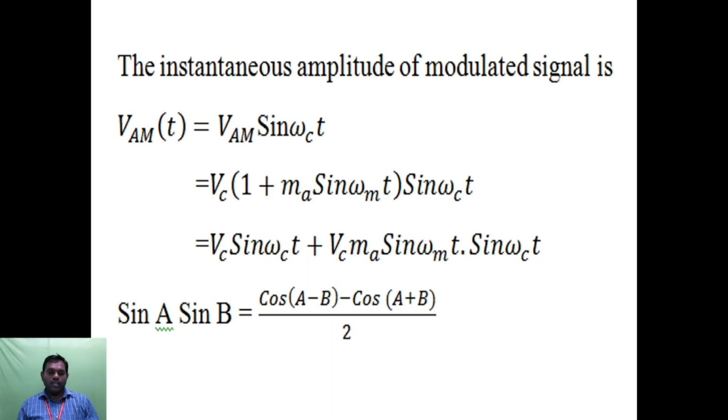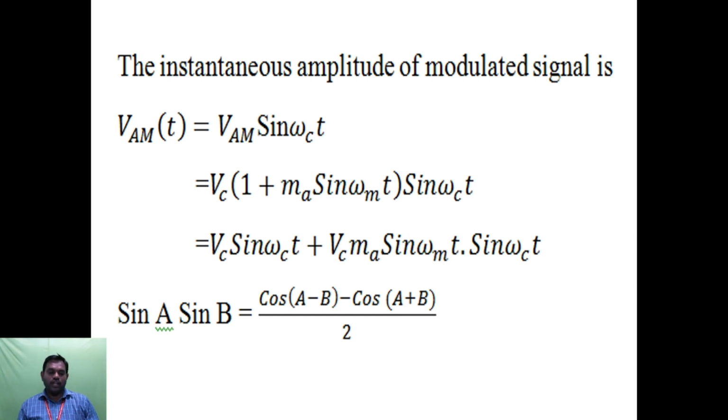Therefore Vam of t is equal to Vam into sin omega c t, which is equal to Vc into 1 plus Ma sin omega m t into sin omega c t. Now we multiply the values: Vc sin omega c t plus Vc Ma sin omega m t into sin omega c t.